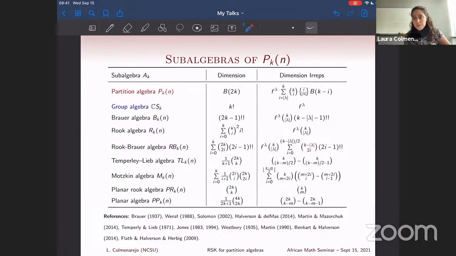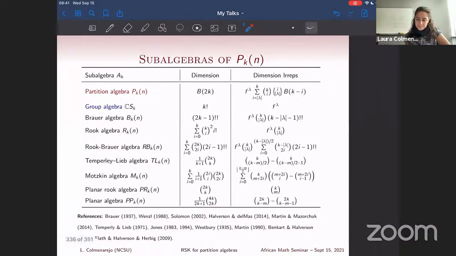So what we were able to do was to find an RSK algorithm that gives us these formulas by just using the same algorithm, instead of having different ones. All these references are mostly different models for each of them. So what we did is put all of them under the same umbrella using the same model.